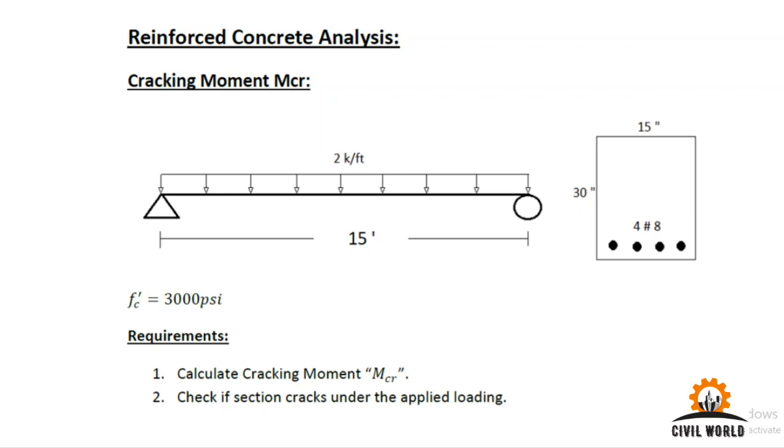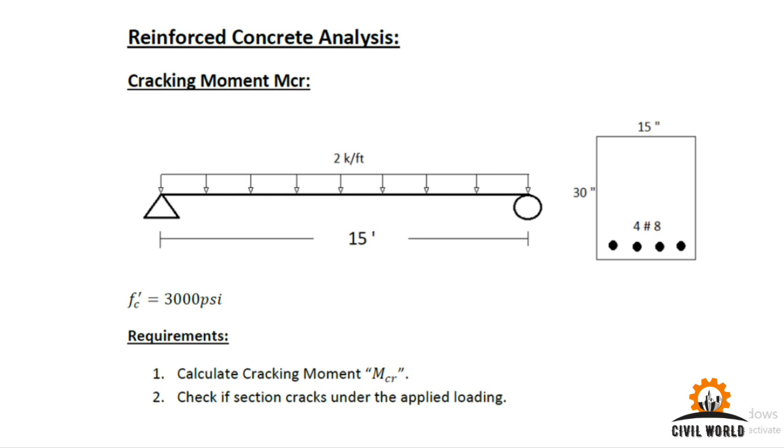Coming to our example on cracking moment calculation, we have been given a simply supported beam, as you can see in the figure. Its total span is 15 feet with a loading of 2 kg per feet.